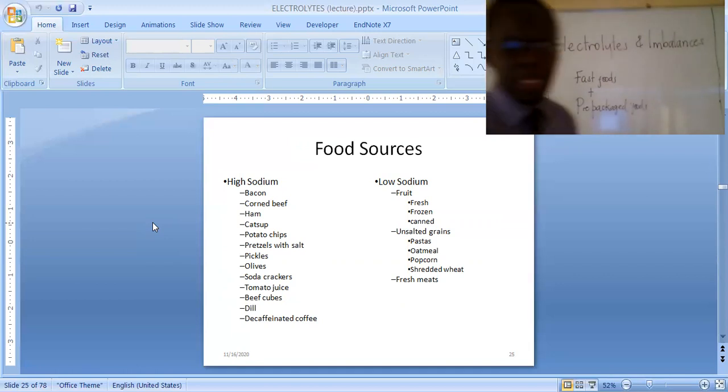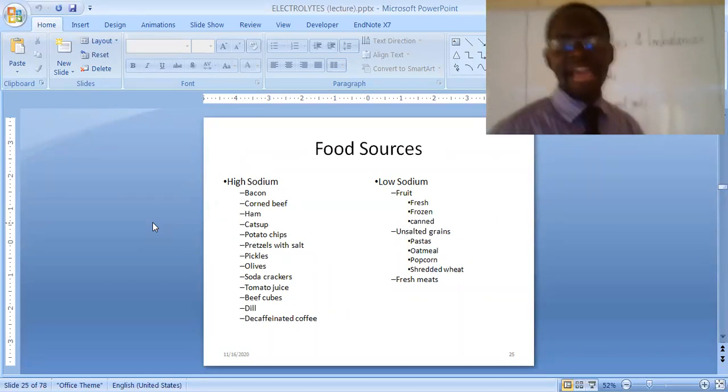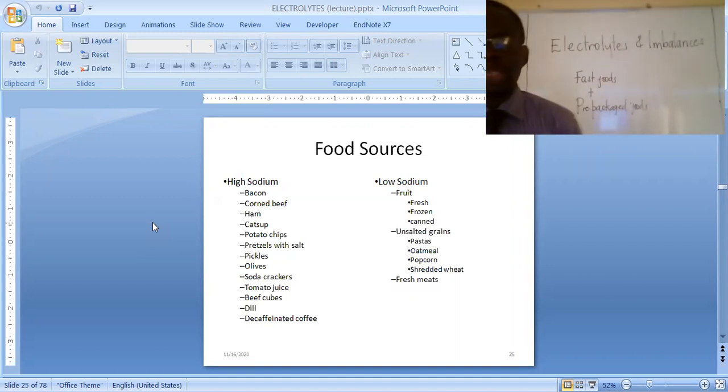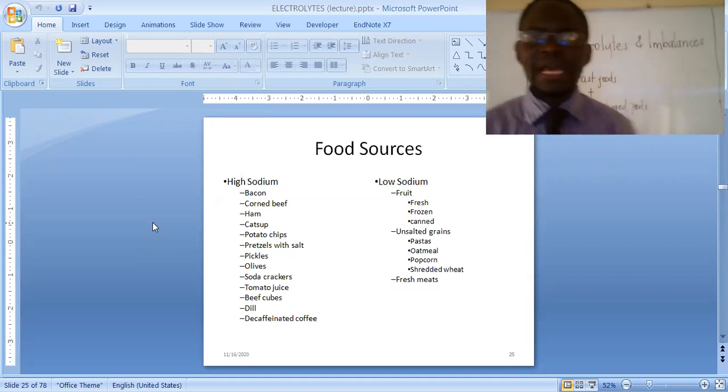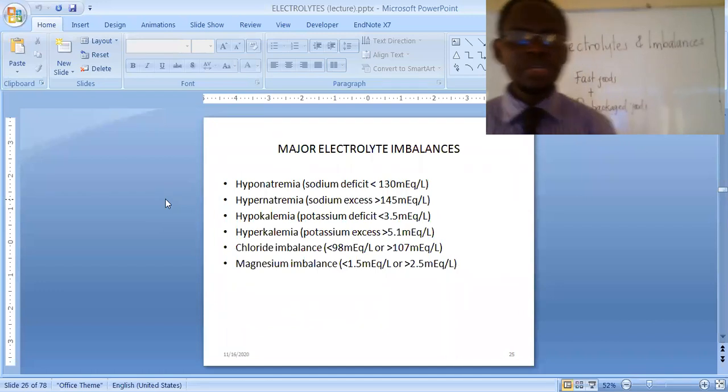Foods low in sodium include fruits, vegetables, fresh meats, unsalted grains, among others.